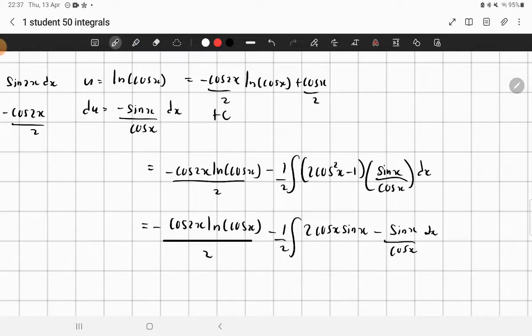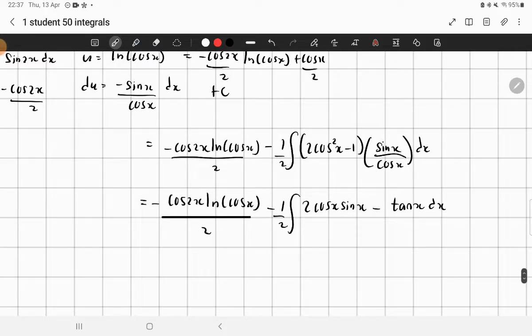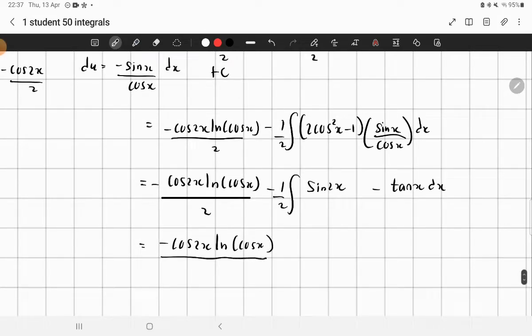Alright, we know that sine of x over cosine of x is just tangent of x, and 2 cosine of x sine of x is just sine of 2x. So from here, we could integrate this very nicely. I believe that will be the case. So divided by 2, and then, or minus, no, plus cosine of 2x over 2, and tangent of x.